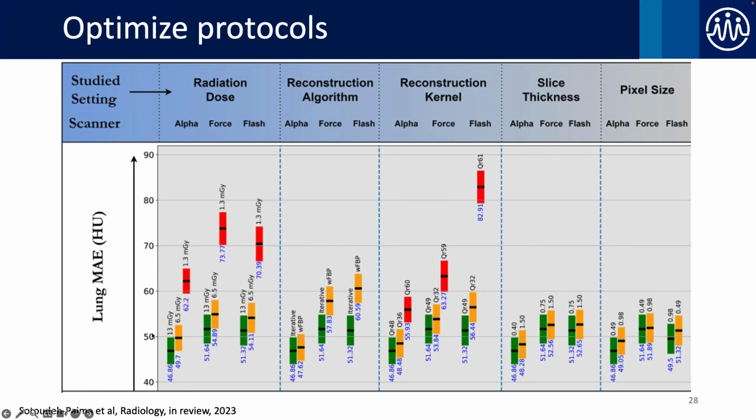What would be the better pixel size to use? And we have identified that. And you can answer this question uniquely with virtual imaging trials because you have the luxury of having a cohort of patients and imaging them 100 or 200 different times. You cannot do that with real patients. So that's the first approach. You optimize your protocols.